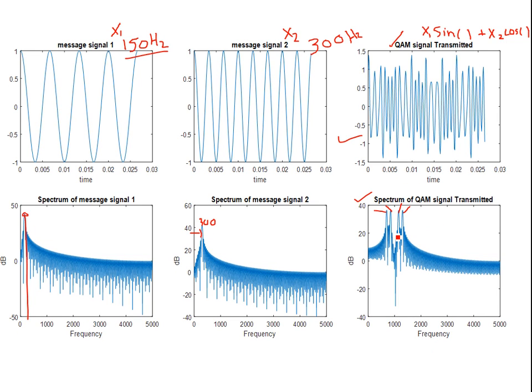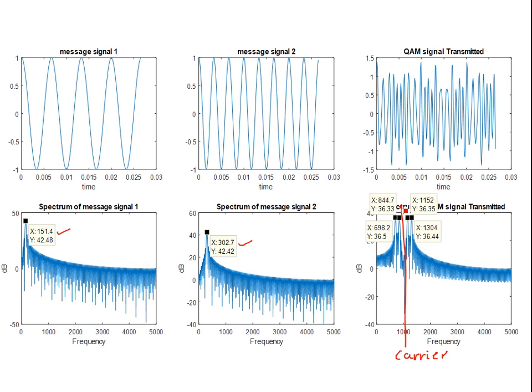There was no peak over here, right? If you look at these markers, we have about 850 and 1150, which is basically 150 hertz shifted around 1000 hertz, the carrier frequency. So this shift is 150 hertz, and this corresponds to x1.